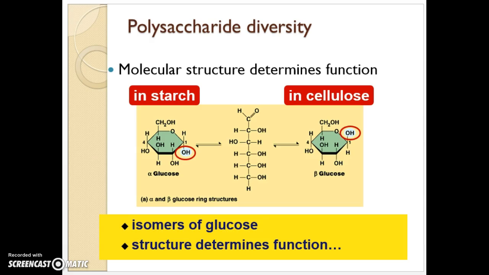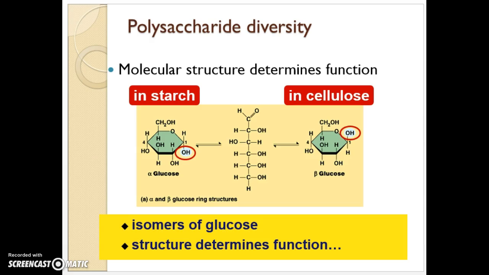And if it's just being used for food storage or energy storage, to have it be helical will allow you to cram more of the energy storage into a smaller space.